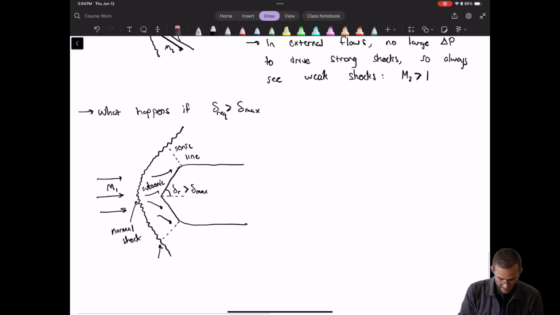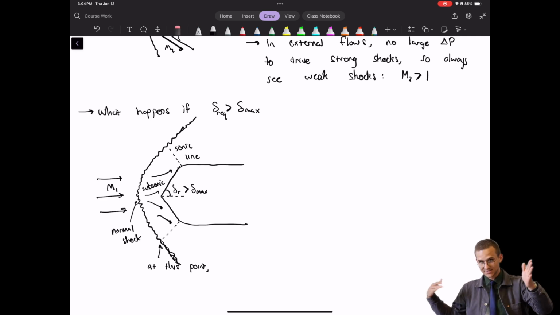And at this point, the required deflection angle is small enough to result in a weak shock. So that's why at this point the oblique shock starts to be flat and extend out.